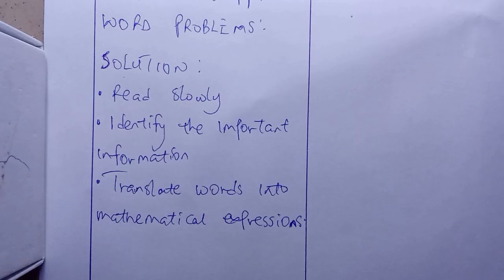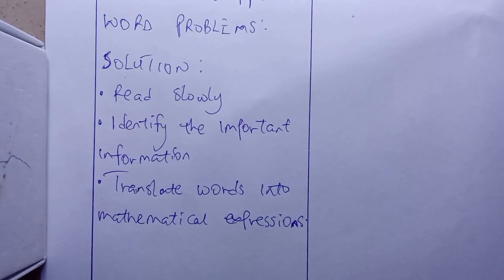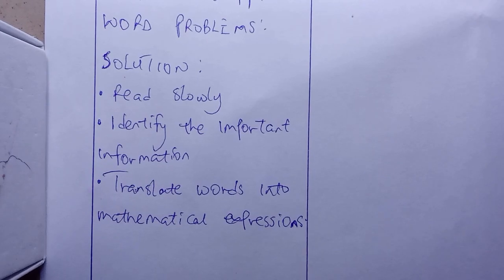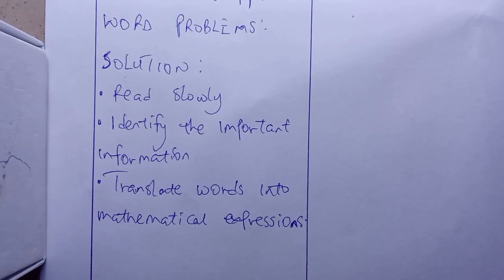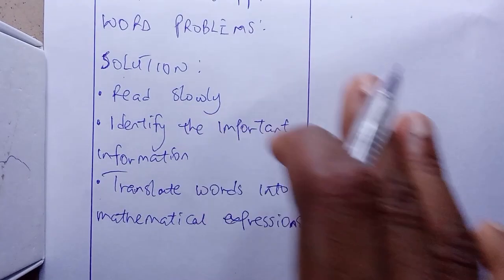Don't fear word problems. Fear leaving easy marks behind. With this solution, word problems will be much easier for you. First one, read slowly. 2. Identify important information. 3. Translate words into mathematical expressions.